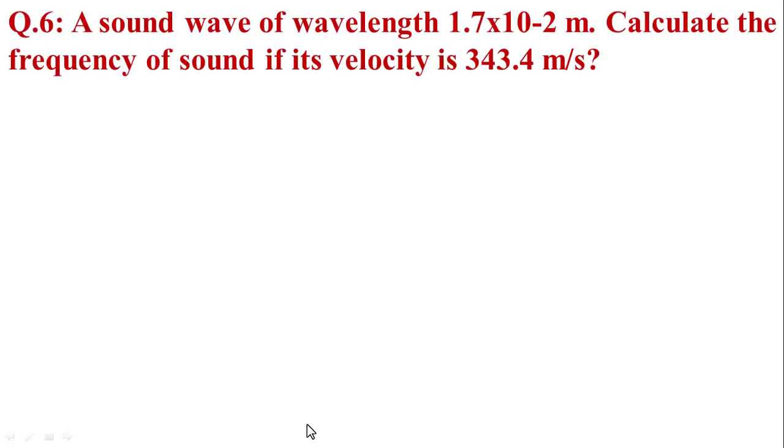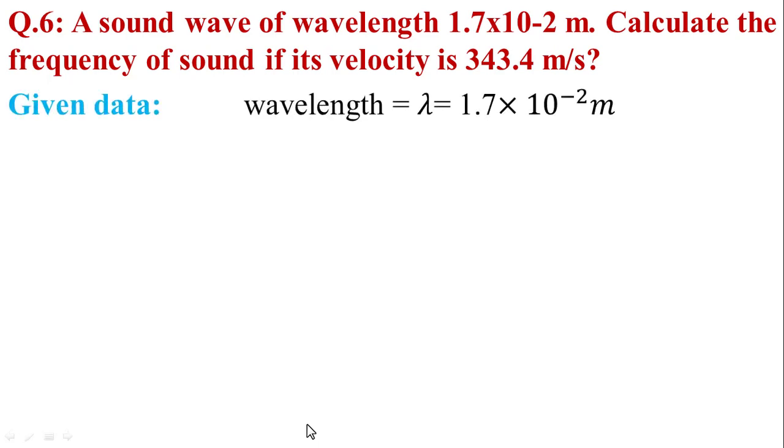In question number 6, given statement: a sound wave has a wavelength of 1.7 multiplied by 10 raised to the power minus 2 meter. Calculate the frequency of sound if its velocity is 343.4 meter per second. First of all, write the given data.